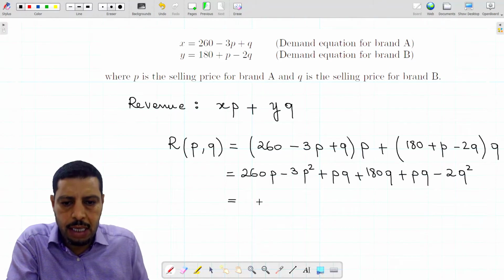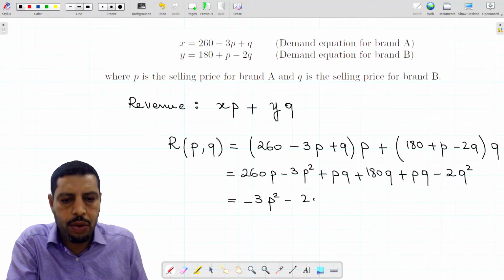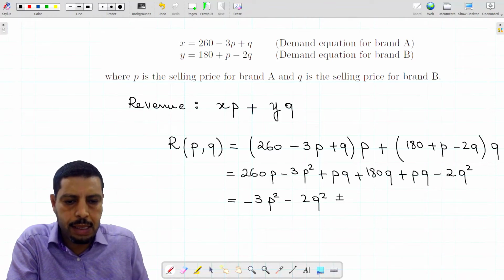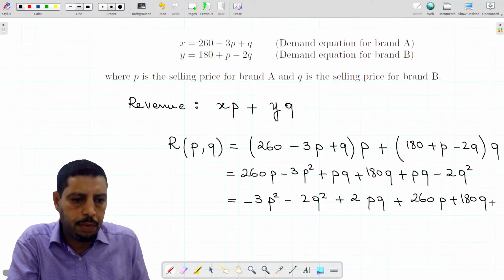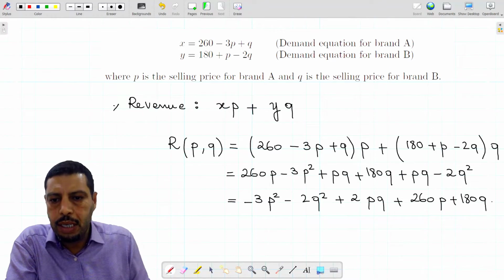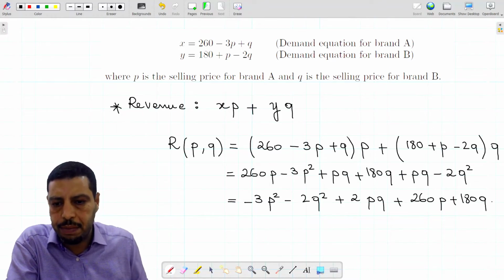You can write it as minus 3P squared minus 2Q squared plus 2PQ plus 260P plus 180Q.